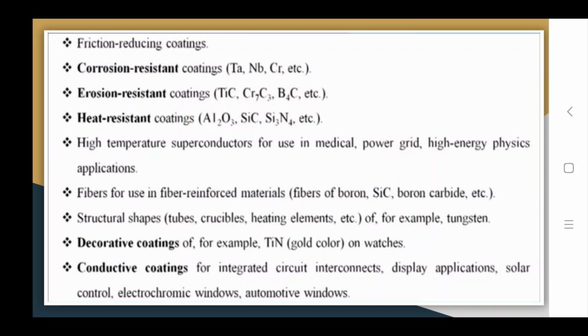Then structural shapes. Again you can use it for decorative coatings, for example titanium nitride, or gold plating or gold coloring on watches. Again conductive coatings for integrated circuit interconnects, display applications, solar control, electrochromic windows, automotive windows. So for all these applications you can use the chemical vapor deposition surface coating technique.